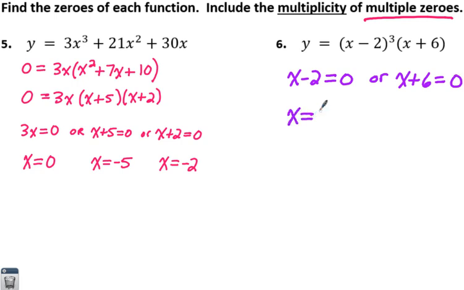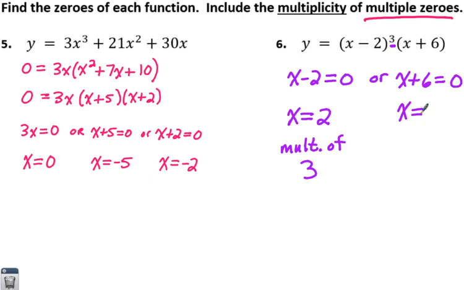So look, you're going to get a 0 of 2. But there were 3 different bubbles of x minus 2, and you were going to get x equals 2 three times. And so the one thing you include here is that the 0 of 2 is going to have a multiplicity of 3, because it happened 3 times.